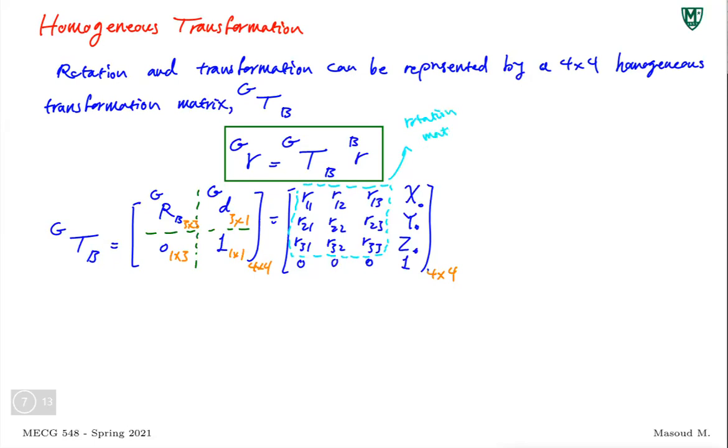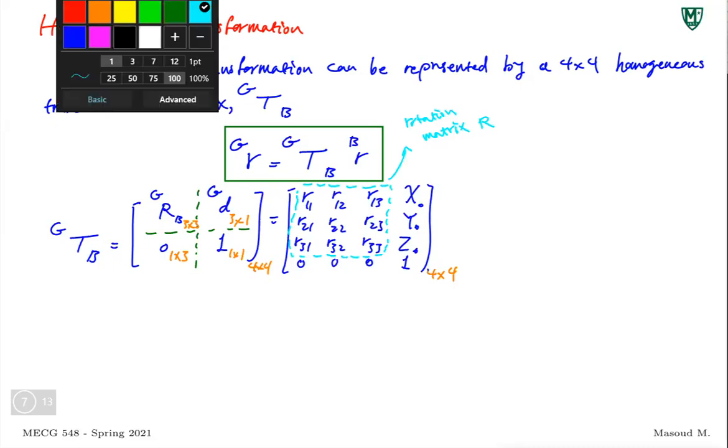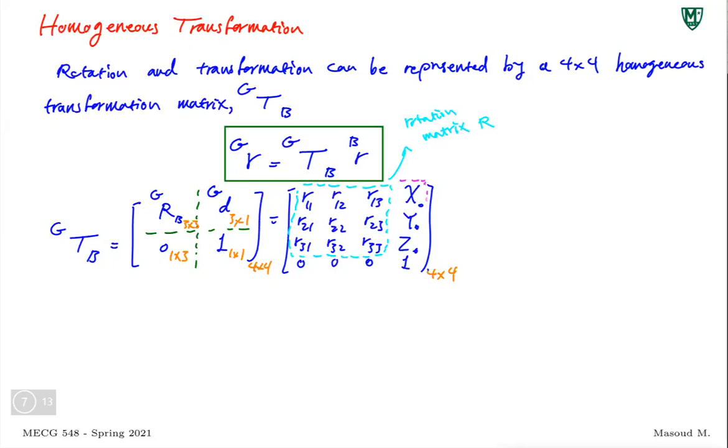Rotation matrix, like R, could be R about X, about Y, about Z, whatever, depends on what R you're looking at, the components change. This is your D_G, which you already know from before. And 0 and 1s are just 0 and 1s. Those components are always 0, and this component right here is always 1.